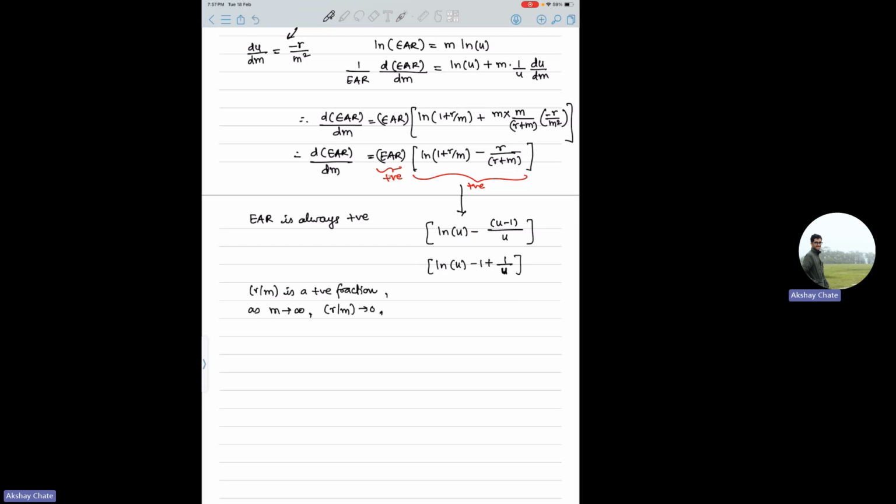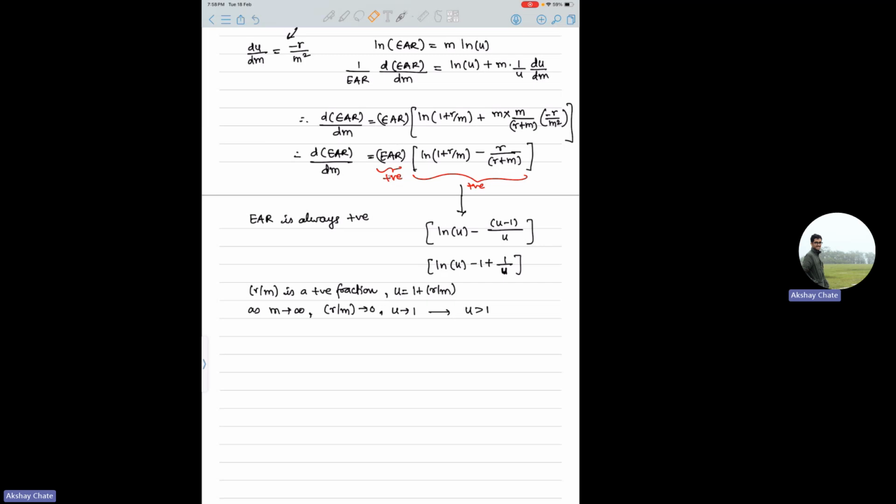And since U is 1 plus R by M, when M tends to infinity, U tends to 1. So U is always greater than 1. This proves that U is always greater than 1, right? So that means ln of U is always greater than 1. Is it so? No, right? No, you can't say like that.